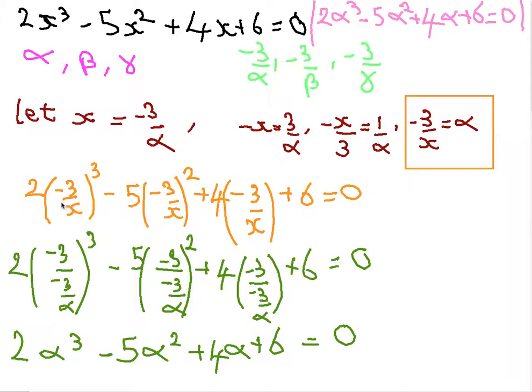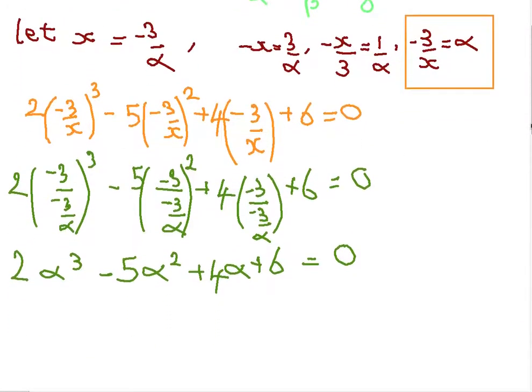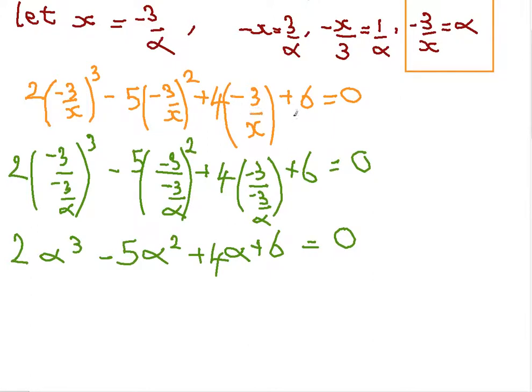Okay, now I'll finish this off properly. I'll simplify this by multiplying everything by x cubed, and we'll get the full answer out. This is our new equation, which has minus 3 over alpha as a solution.